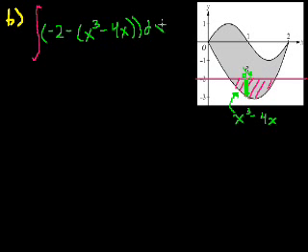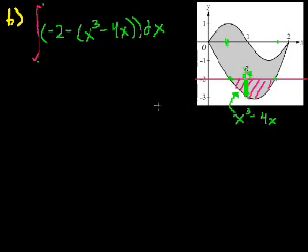And then we're going to take all of the sums from x is equal to whatever this point is to whatever this point is. So we need to figure out this value of x, which is going to be here, and this value of x, which is going to be there. These are really just two of the points where these two functions intersect each other. So how do we figure out those points? We can set them equal to each other.